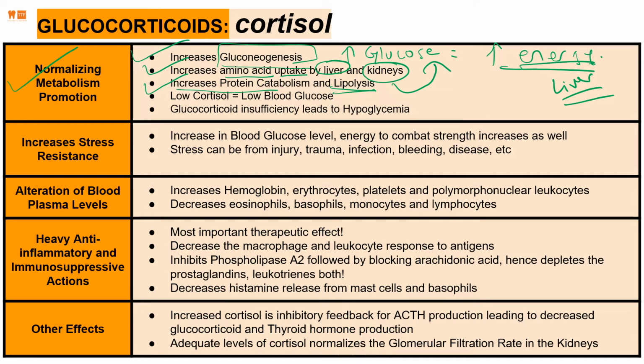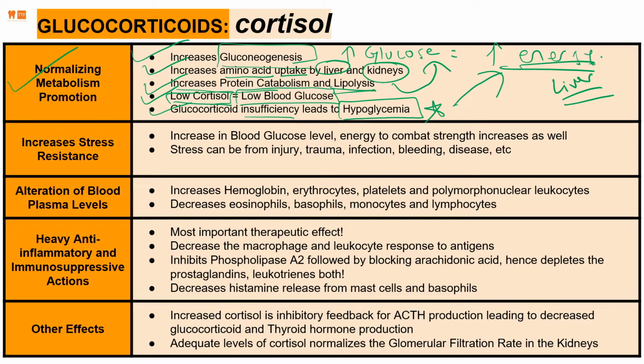Low cortisol equals low blood glucose. Therefore, at night, we have a lower blood glucose than daytime. So low cortisol, low blood glucose. Glucocorticoid insufficiency, so less cortisol, leads to, of course, hypoglycemia. Hypoglycemia can also be lethargic, so less energy.